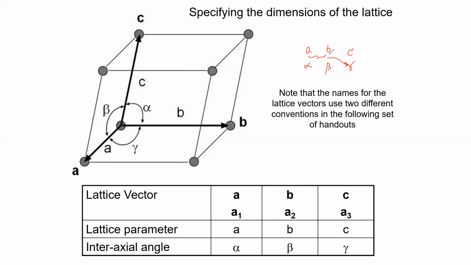The angle between B and C, we call alpha. And the angle between A and C, we call beta.